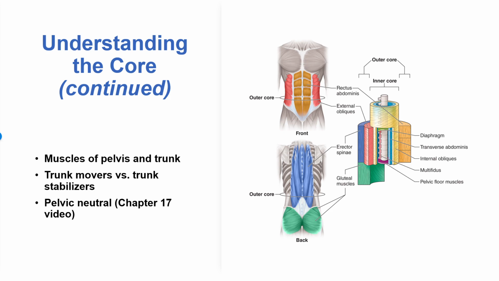Next, I should distinguish between the trunk movers versus the trunk stabilizers. Just to be clear, the trunk stabilizers are the local muscles. The trunk movers are the global muscles. The local muscles are those that are close to the center of the body that provide stability because their moment arm lengths are too short to provide significant movement.